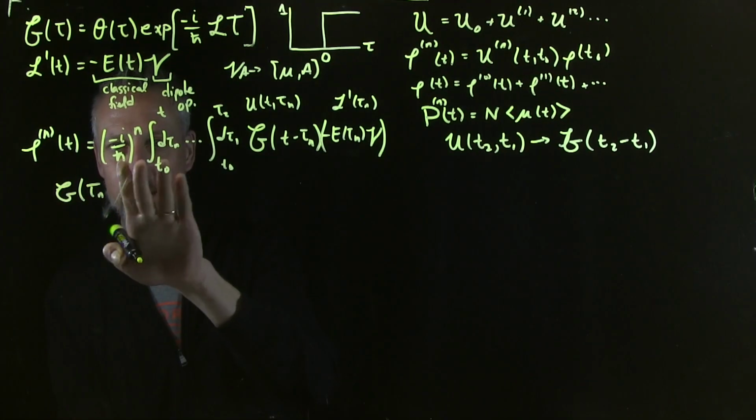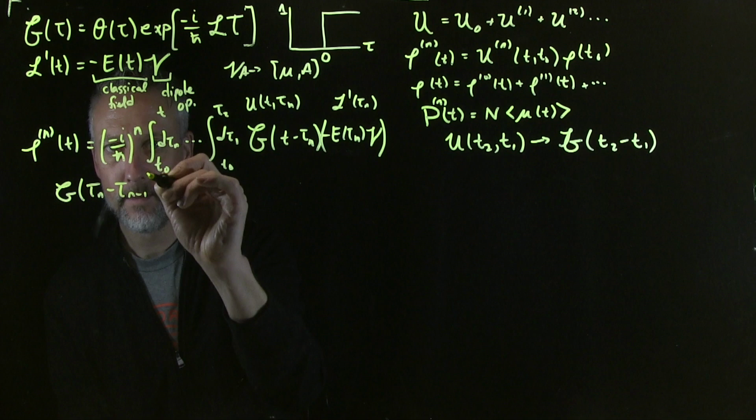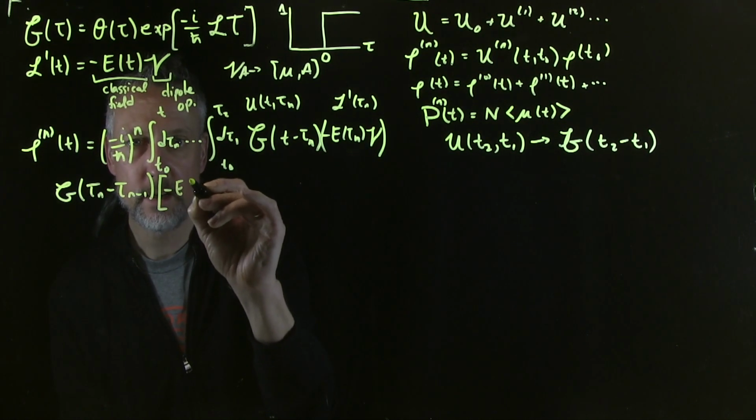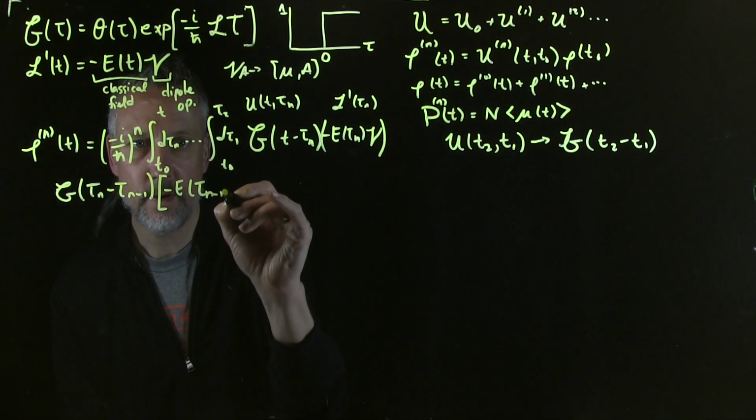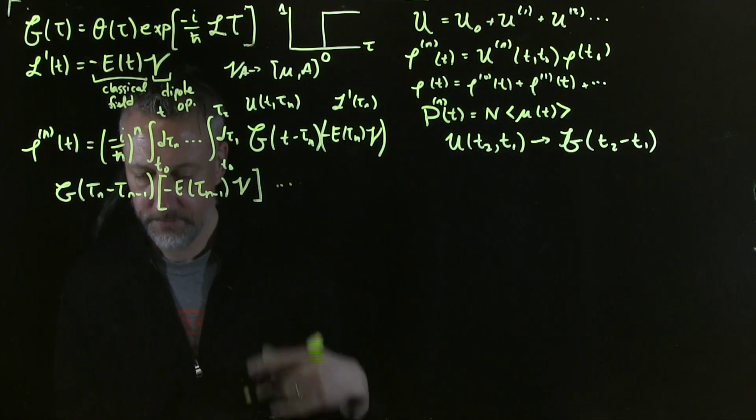Okay, the next term in this series is going to be, of course, g, tau n minus 1. Right? And then we'll have another one of these chunks. Minus e tau n minus 1 v. And so on.